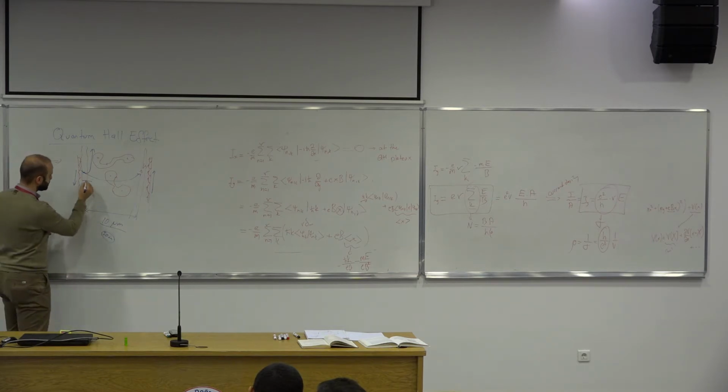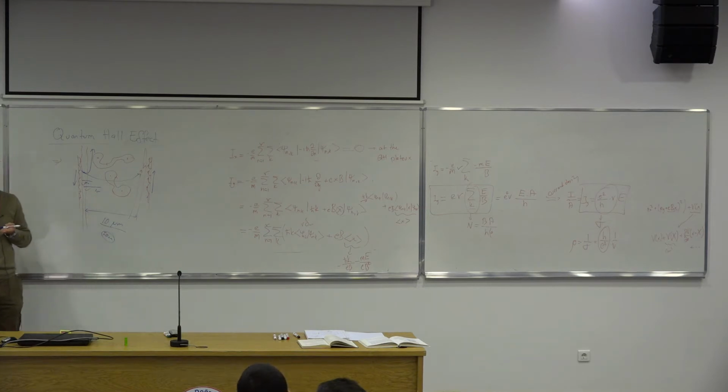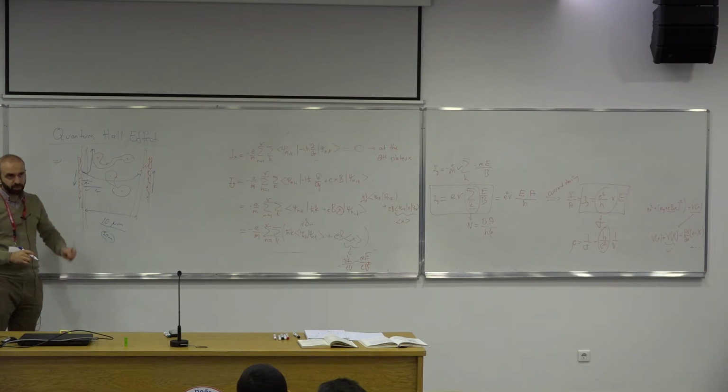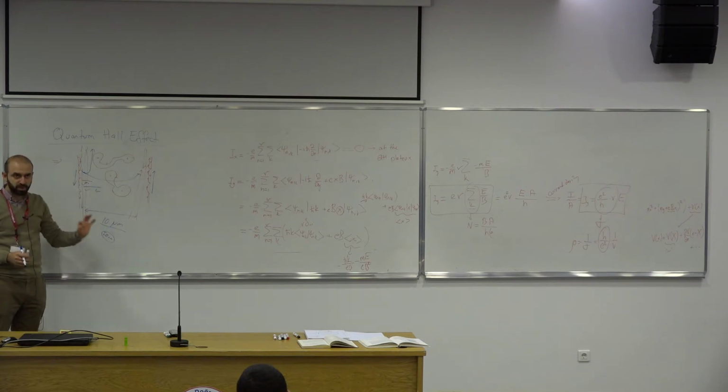So the probability of finding electrons within the first micron from the edge already approaches zero. Same applies to this edge. So any electron on this edge that moves in this direction will most probably keep moving in that direction, and an electron moving in the other direction will most probably keep moving in the other direction.